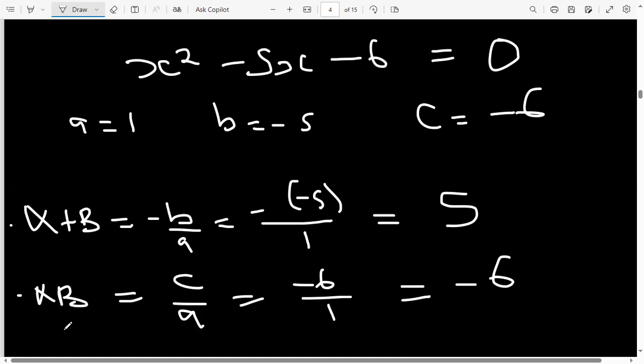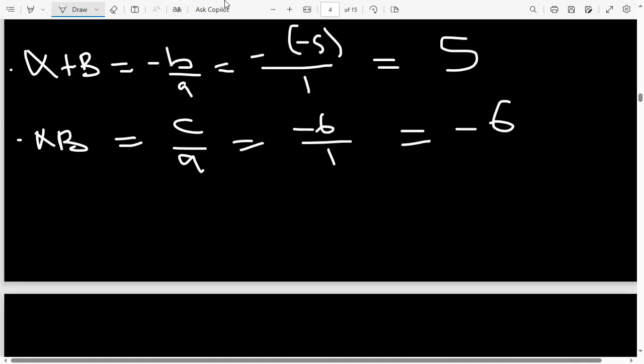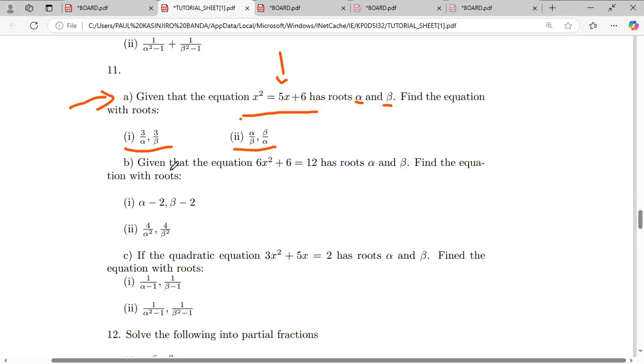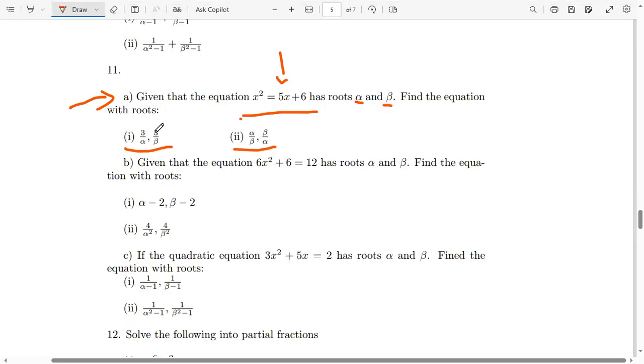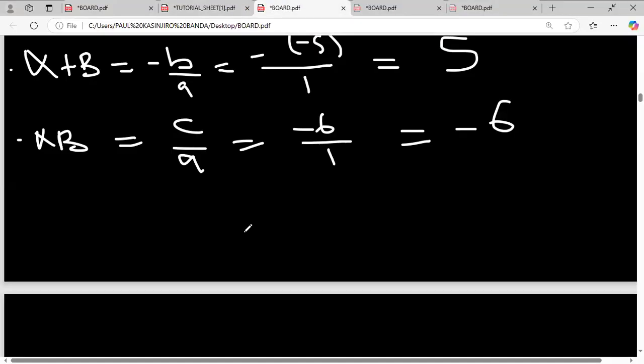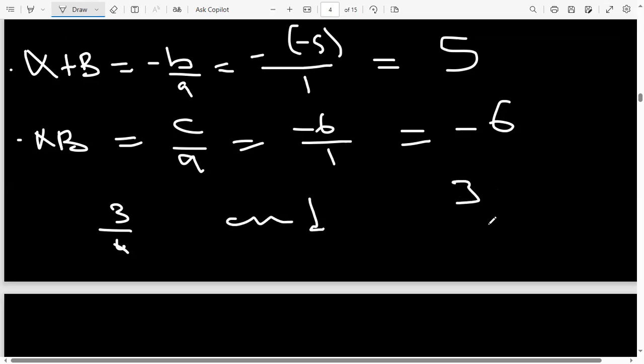And then from those new roots, we can come up with the new equation that they want us to find. So now let's look at the roots that we've been given here. We've been given 3 over alpha, comma, 3 over beta. So let's get those two roots. We've been given 3 over alpha and 3 over beta.